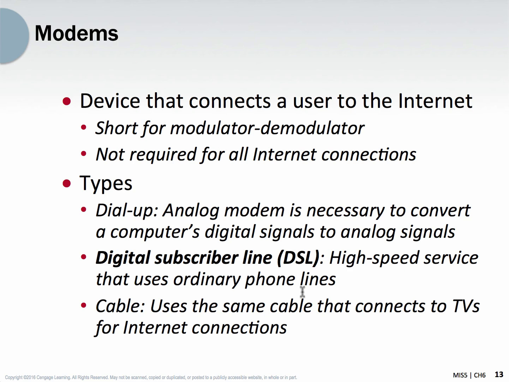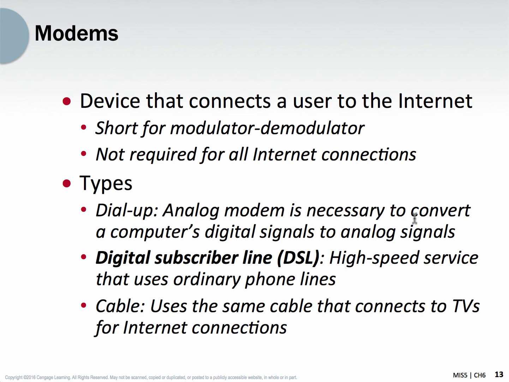Next one up is DSL, and this is kind of a high-speed phone line service, in a sense, for digital subscriber line. There was a commercial for cable internet that called DSL "darn slow line," which I thought was pretty funny. But it's the next level up from dial-up. And then after that is cable.